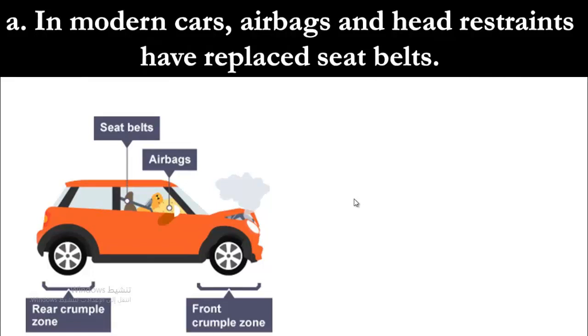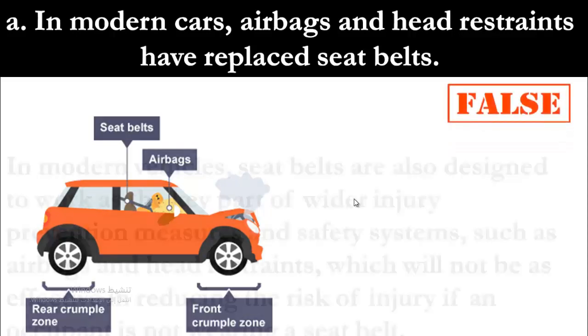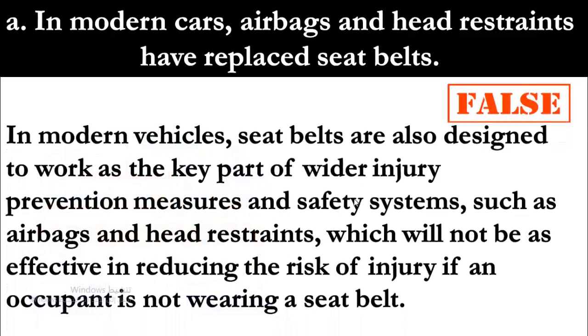Number A. In modern cars, airbags and head restraints have replaced seat belts? Of course not. It's a false statement. In modern vehicles, seat belts are also designed to work as a key part of wider injury prevention measures and safety systems.